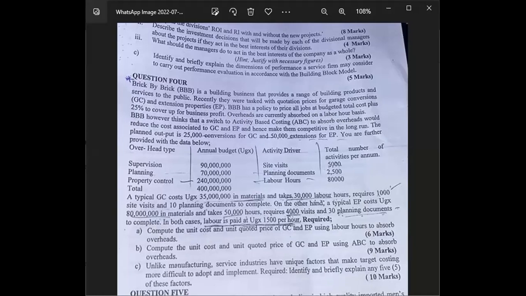Now, the formula after identifying the cost driver, you get the OAR, what you call the overhead absorption rate. Now for TPC, I saw in class they say that you just combine, don't split it. But in my opinion, I feel that is dangerous in case part B asks, for example, what were the supervision costs allocated to EP?